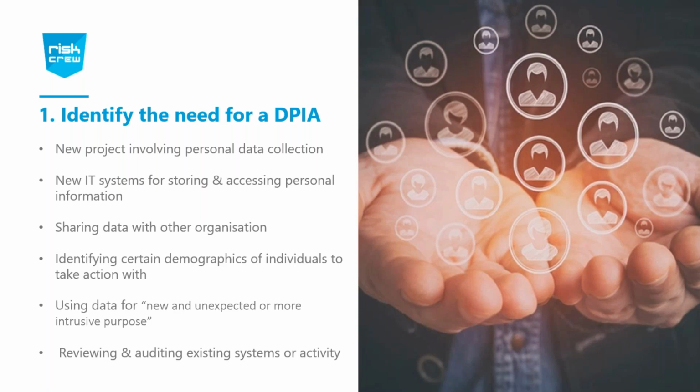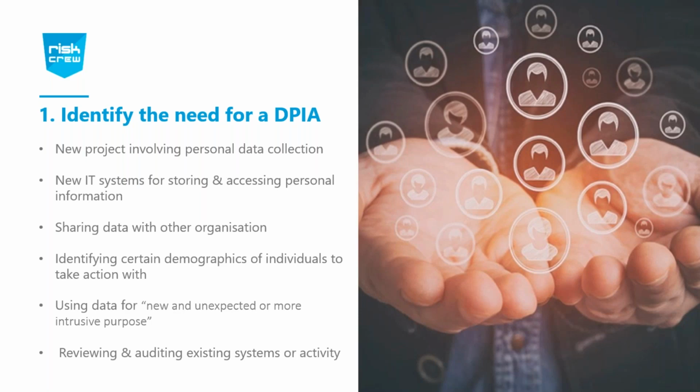That is so key, sharing data with other organizations, initiate action based on a policy of identifying particular demographics, using existing data for a new or unexpected or more intrusive purpose. With the DPIA, it is also very important you have to state what the purpose is of that process, and it is ideal to stick to that purpose. Then review or audit an existing system or activity.